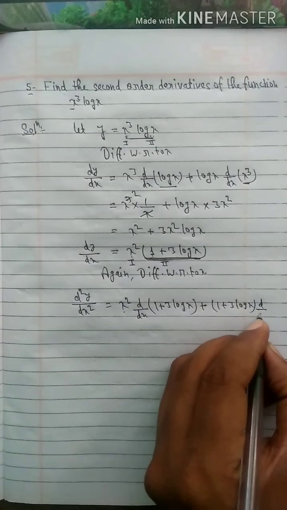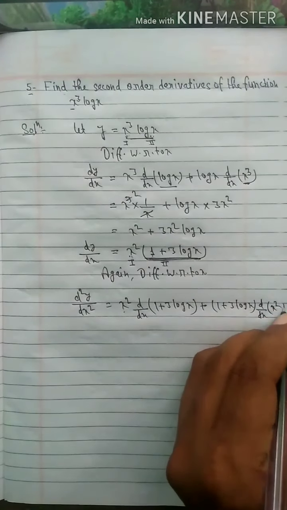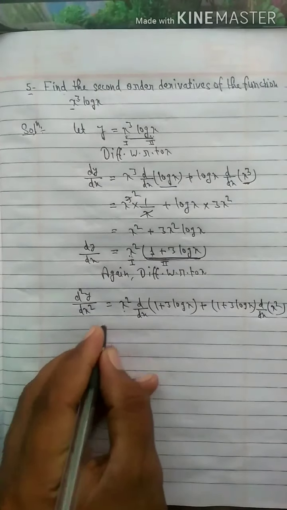into dy by dx of the first function x square, and now differentiate it.